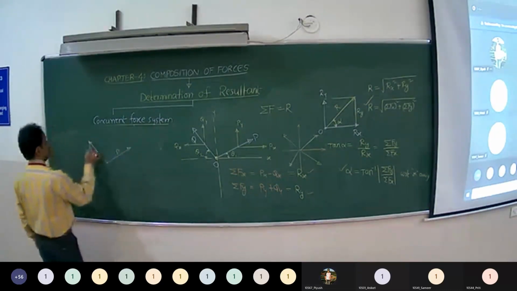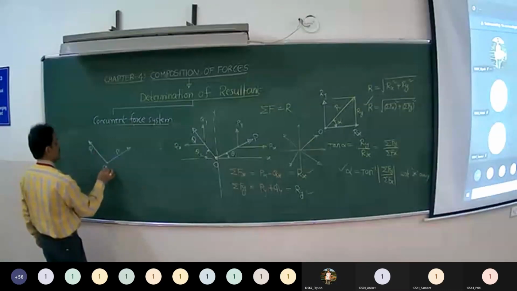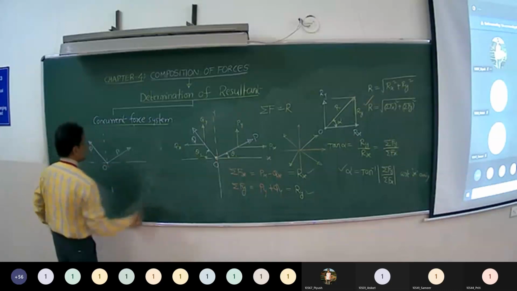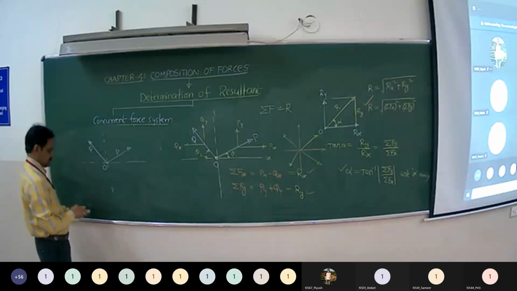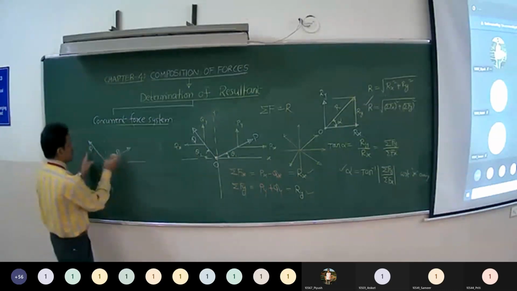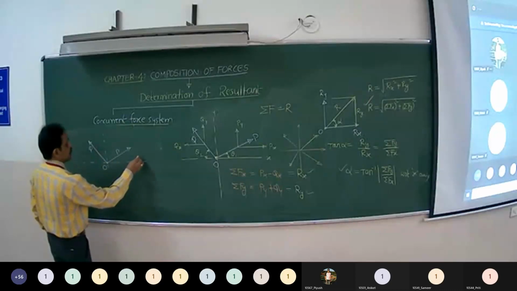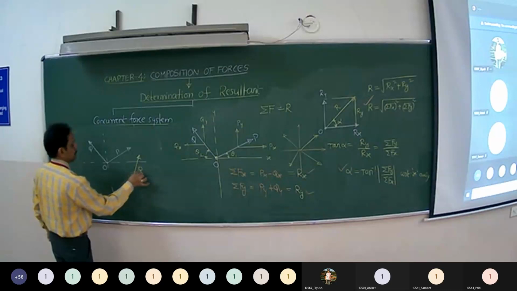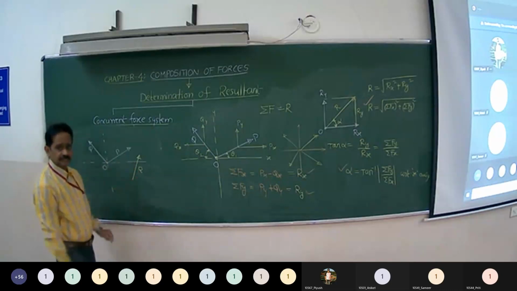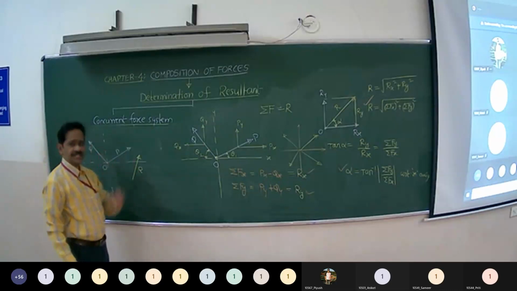Suppose this is force P, Q acting at point O. Let us assume that the resultant of these P and Q is acting somewhere in the plane. We don't know where it is acting. Now we have to find out where it is acting.